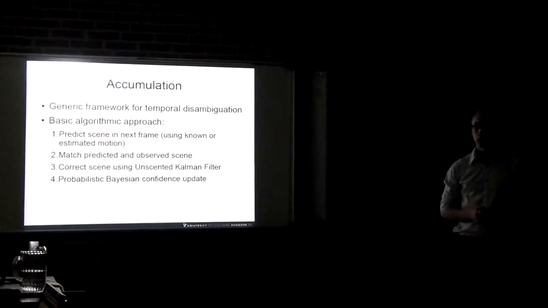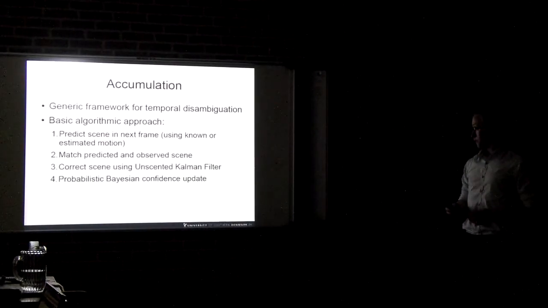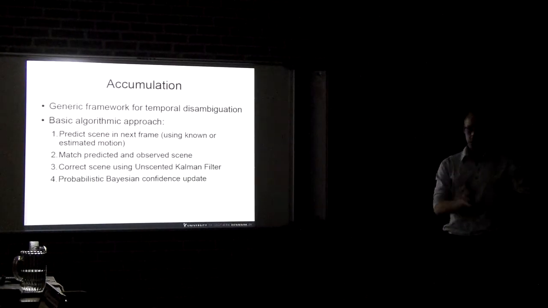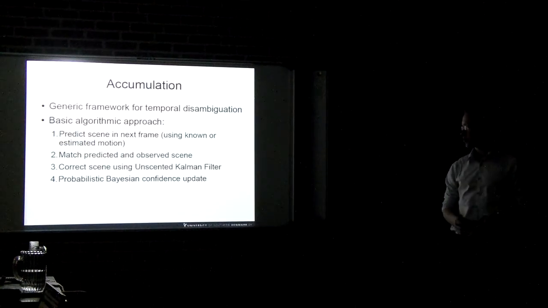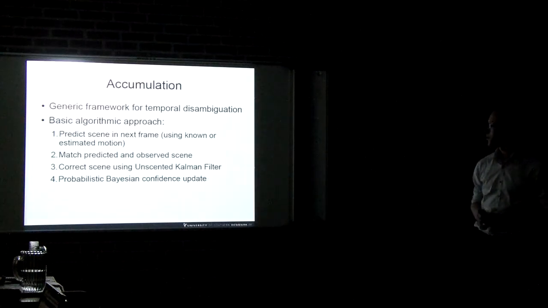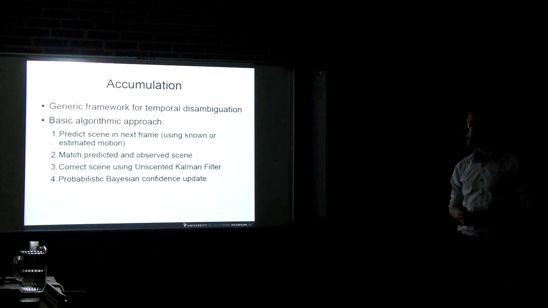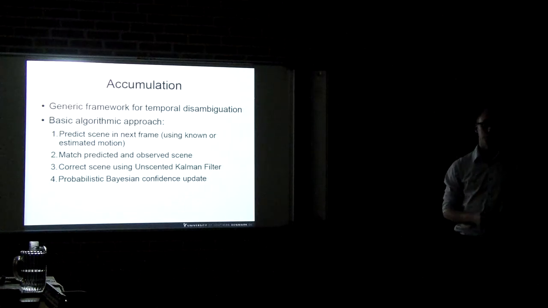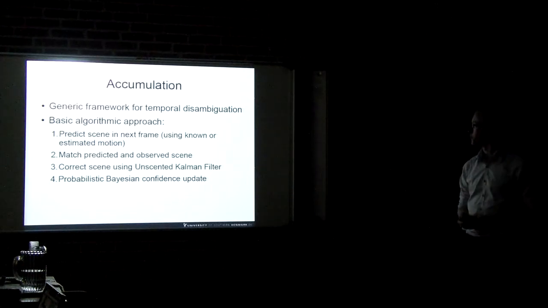We need a method for predicting, having the scene representation in one image, where we expect it to be in the next frame after the motion we apply. If the camera is moving or the object is moving, it doesn't really matter. We just have to know the relative motion.